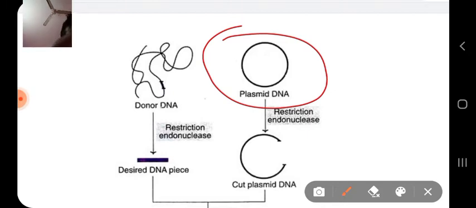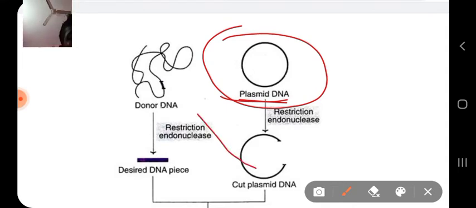Now here the plasmids are the vector molecules. What is a vector actually? Vectors are carrier molecules, just like we also say a mosquito is a vector, because it carries the pathogenic organisms that cause malaria, dengue, etc. Similarly, here the plasmids are also acting as vectors because they are carrying the desirable gene of our interest into a suitable host cell.